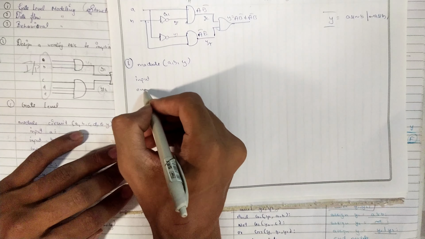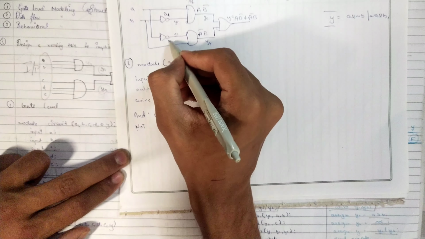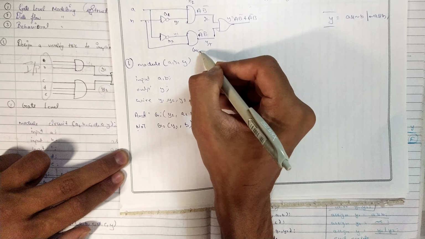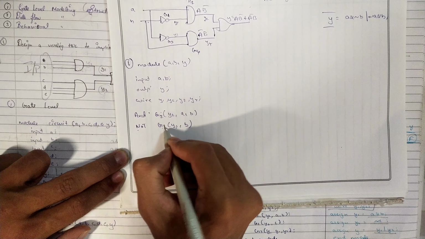Then we will put not, that is G2 we have given, so that is y1 comma b. It's better to write this here and this here, so better you replace it and change this as G1 and this as G2, and this as G3 and this as G4. Then I will write for not again G3, so that is y3 comma, again a is going here.